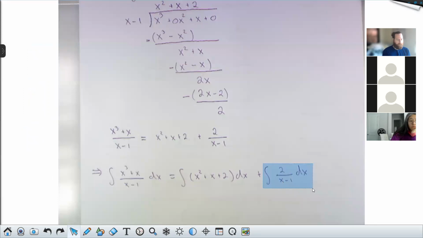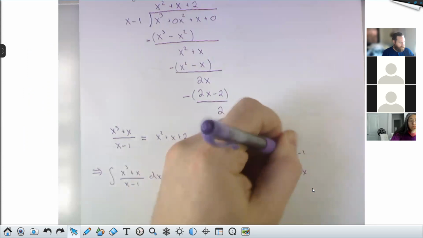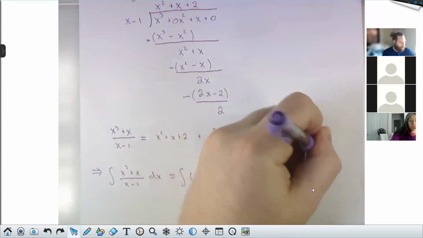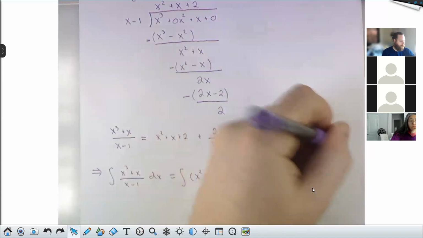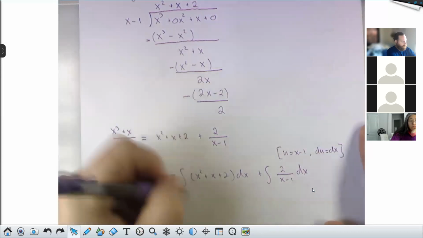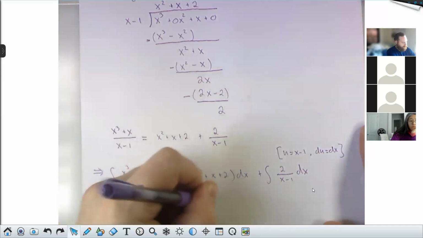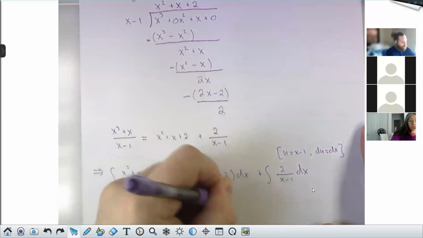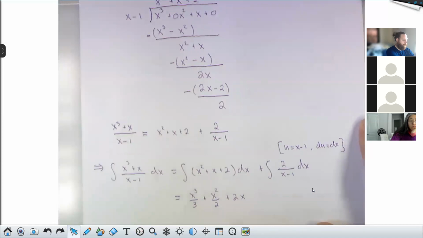Yeah, this is a u sub thing. So here I'll use u be x minus 1, and du would be just dx. The first piece I can integrate right away. That's x cubed over 3 plus x squared over 2 plus 2x. I'm not going to write the plus c yet because I'll still have this.